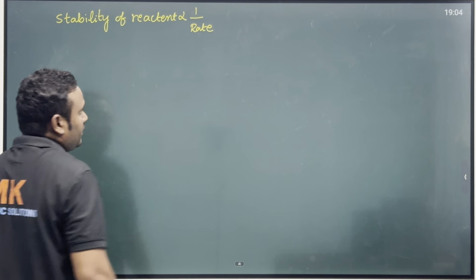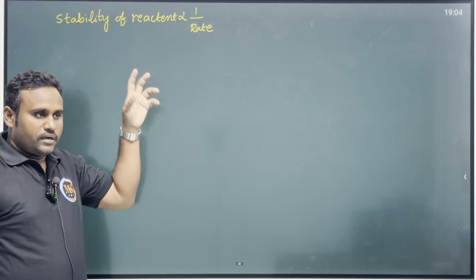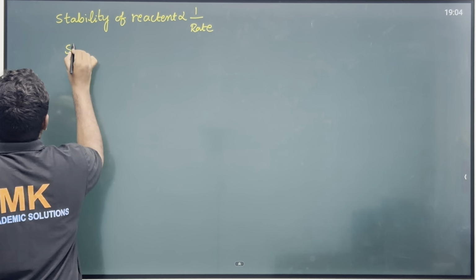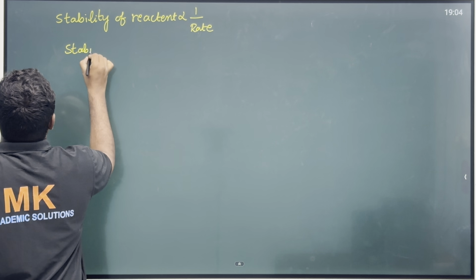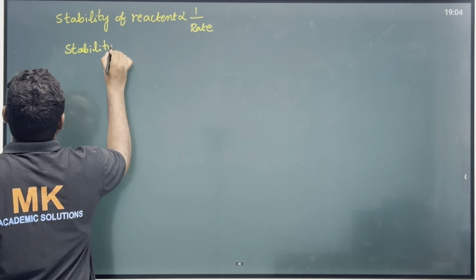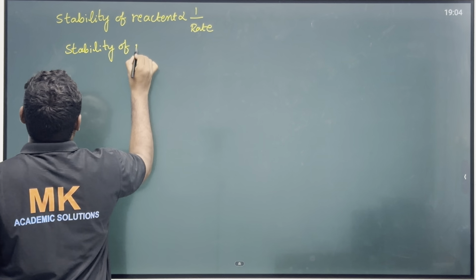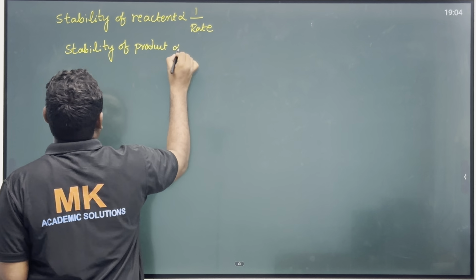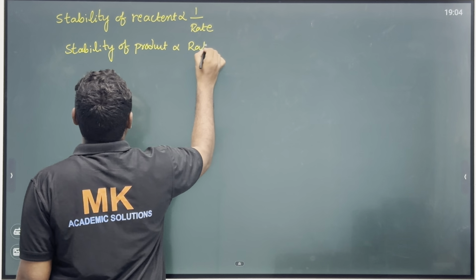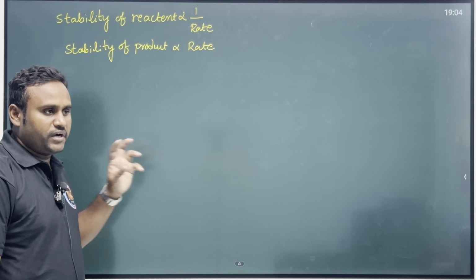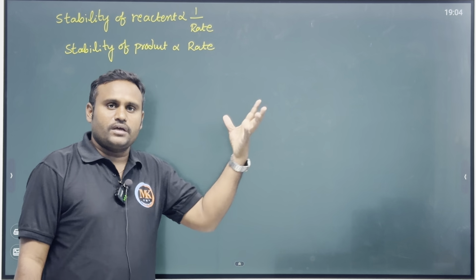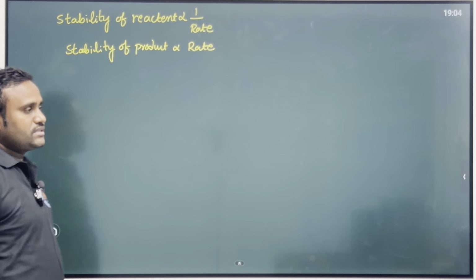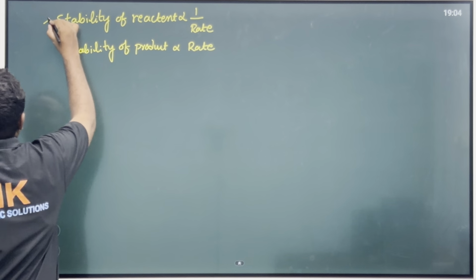So if the reactant is more stable, the rate of reaction is low, and stability of product is directly proportional to rate of reaction. Means if the product is more stable, the rate of reaction is more. If the stability of reactant is more, the rate of reaction is less. Okay, like that we can consider.